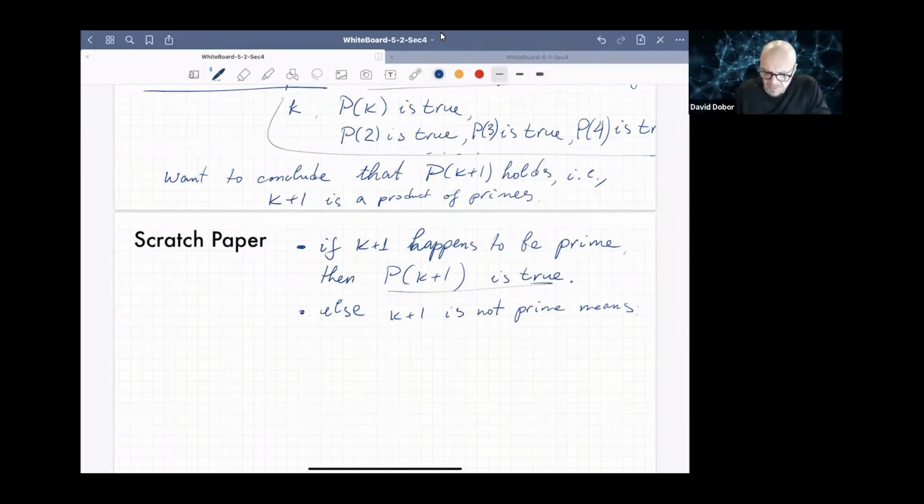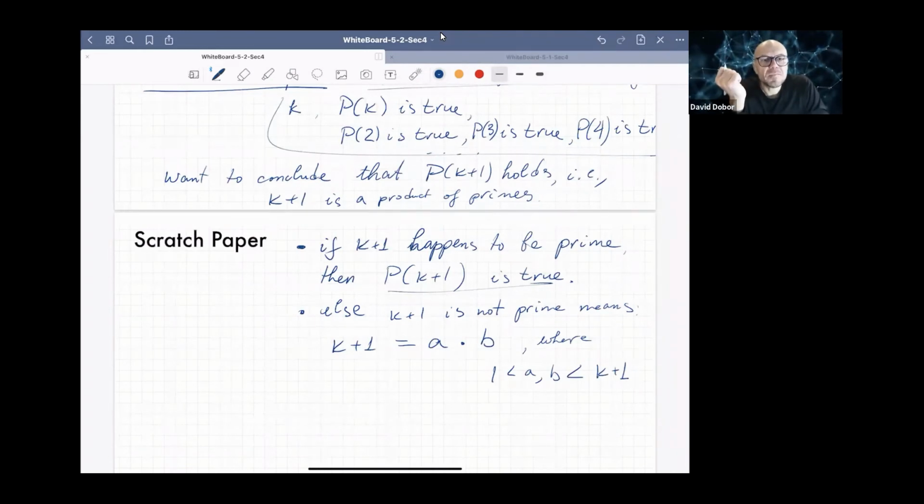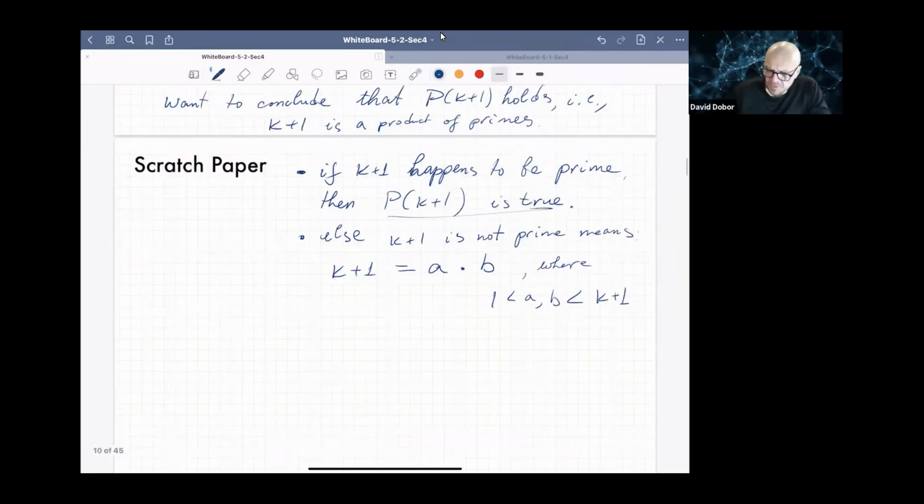So k plus 1 is, just by definition, a times b, where a and b are both greater than 1, and they're smaller than k plus 1. It's just by definition of what it means for a number to be not prime, right? It's divisible by something smaller than itself. It's the definition of non-primeness.